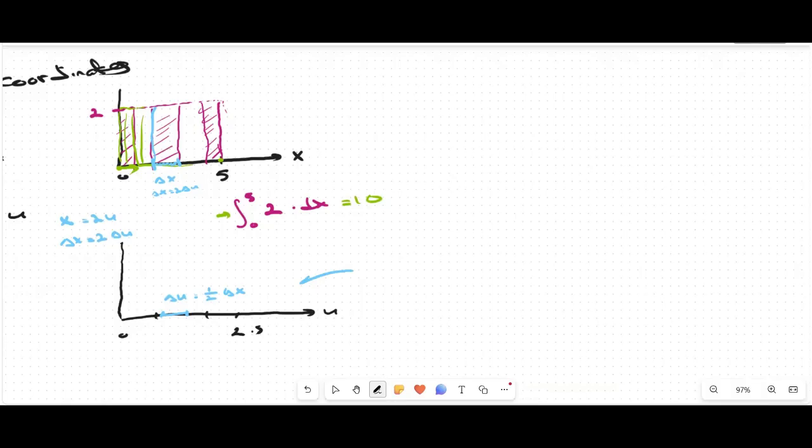So let's say we're right here, and I want to do an integral in u. U goes from 0 to 2.5, and I integrate my function, the same function too.